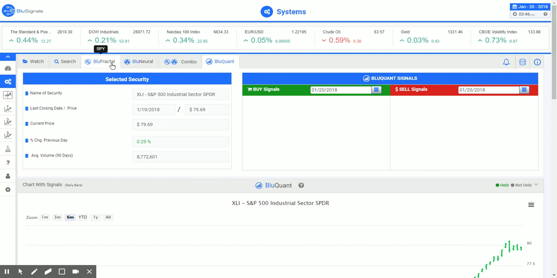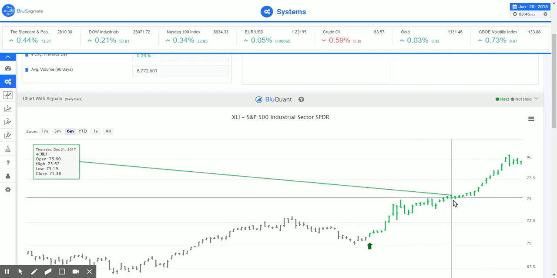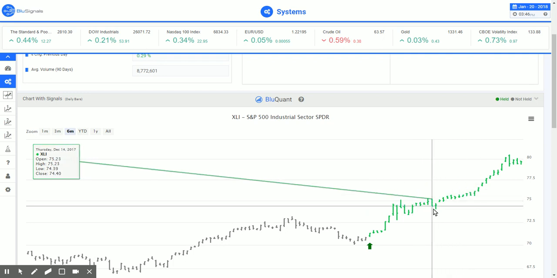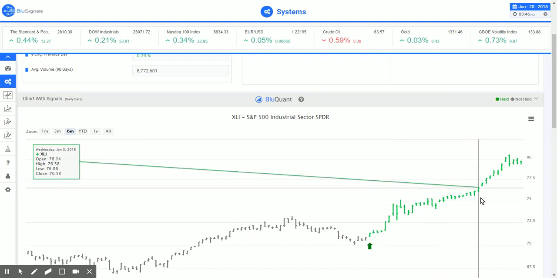As we mentioned with our other systems, even intraday traders can find useful information by subscribing to BluQuant, knowing the strength and consistency of the signals it produces.